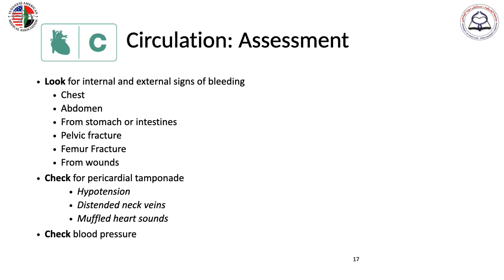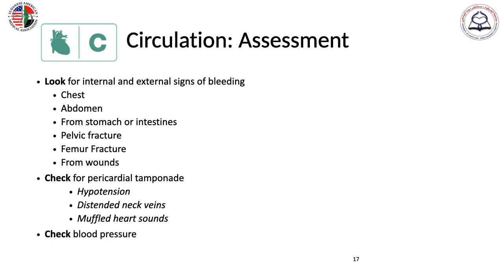In the abdomen, you can see ascites, but sometimes you might need to do a FAST scan to look for fluid, or sometimes you do an upper quadrant tap. From the stomach or intestine, when the patient is not having hematemesis or melena, the bleeding is still in the bowel. Then if you put in an NG tube, you can get it, but absence of blood in the NG tube doesn't rule it out.